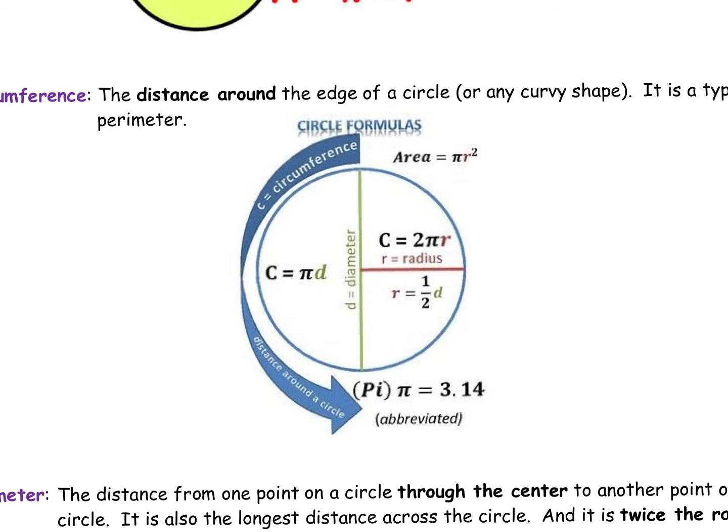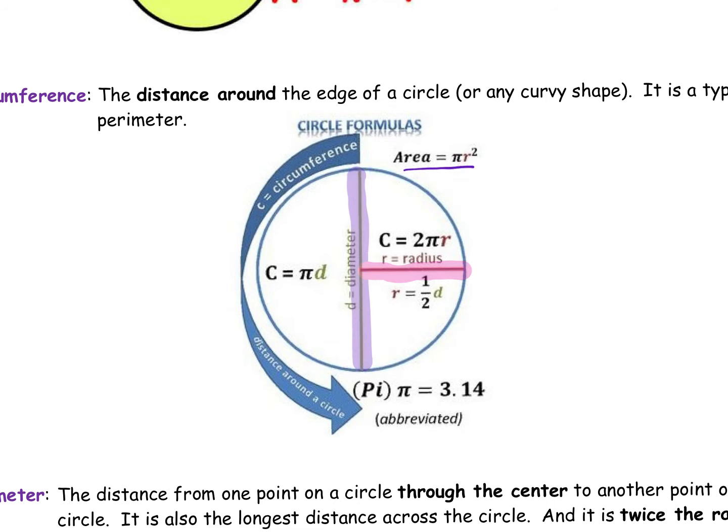So I've got my diameter here, and then my radius, which we defined the first day. But it also has the equation for my area, pi r squared, but also for my circumference.